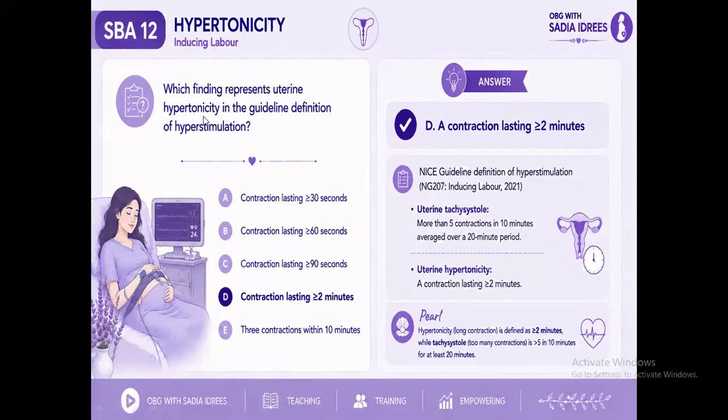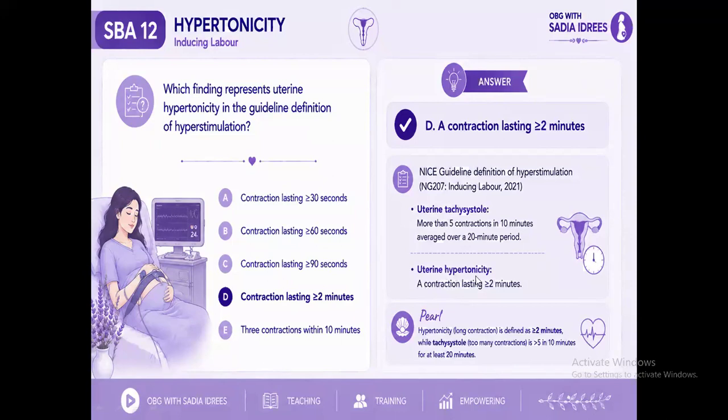And NICE uses the term uterine hyperstimulation when the uterine tachysystole or hypertonicity is associated with fetal heart rate changes. This is where candidates often mix everything together and say too many contractions mean hyperstimulation. Not quite. The terminology matters. Too many contractions, tachysystole.